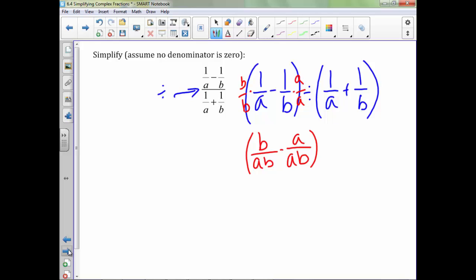And I like to keep working with one fraction all the way down until we get it as just one fraction. And I like to just keep that side. And then I'll go to the second side. So over here, once again, our common denominator is ab.